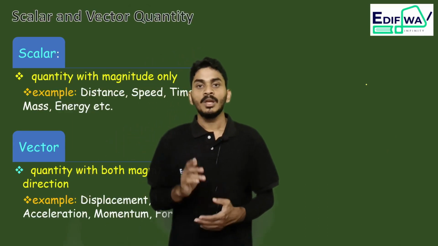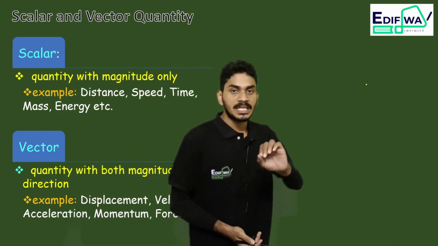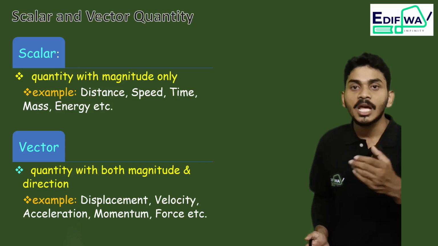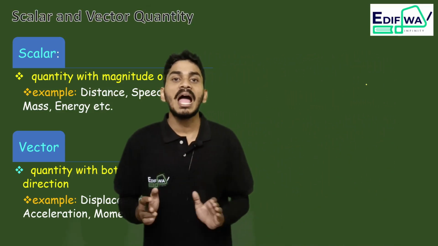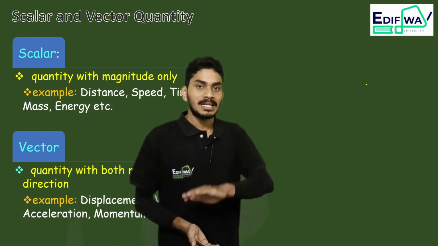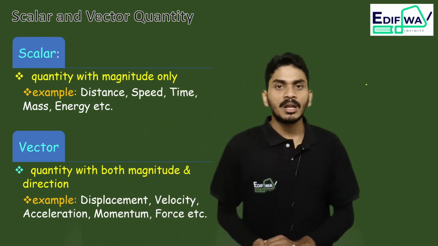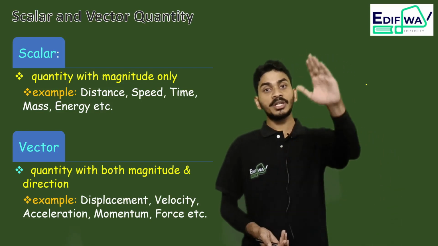Now let's see what is meant by scalar quantity and vector quantity. Scalar quantities are those physical quantities that only have magnitude and do not have direction. An example is time. You will not say 6:45 in the north direction.